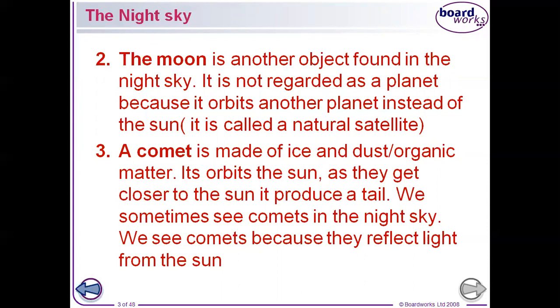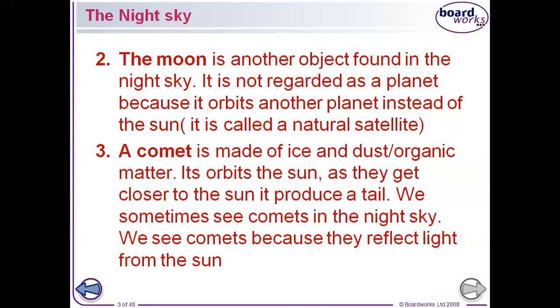Okay, the moon is another thing we see when you move out, sometimes in the night sky. I believe we can all identify the moon when we see one. Okay, it is not a planet. Even though it looks spherical when we see it up there, it is the closest object, not man-made, but natural object to the Earth. Now, for this reason, it is called a satellite.